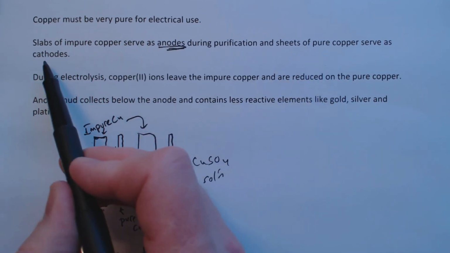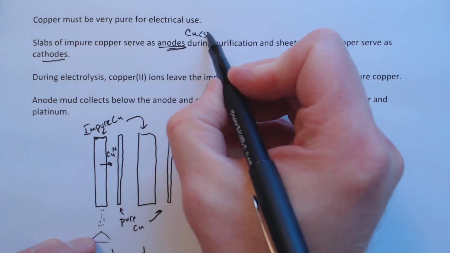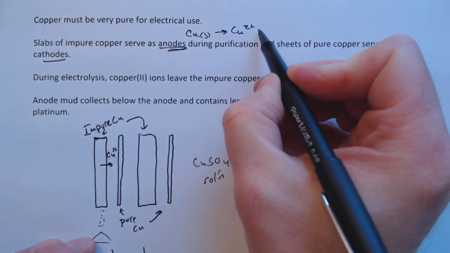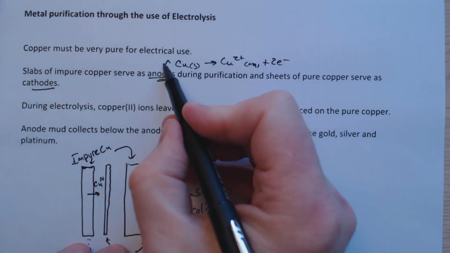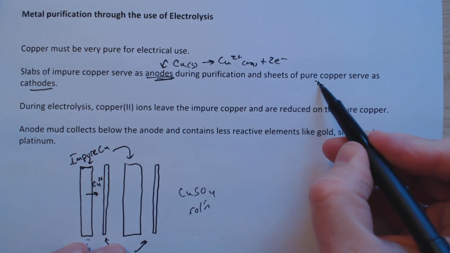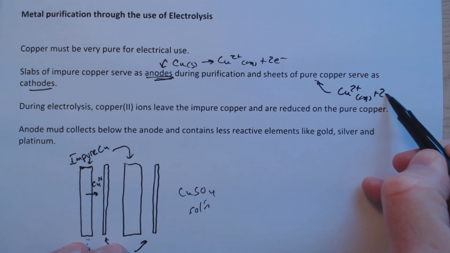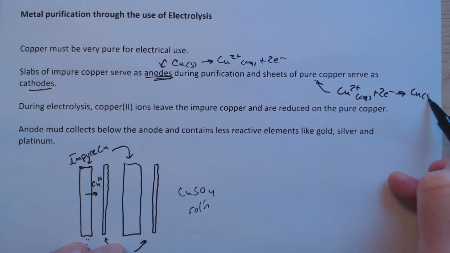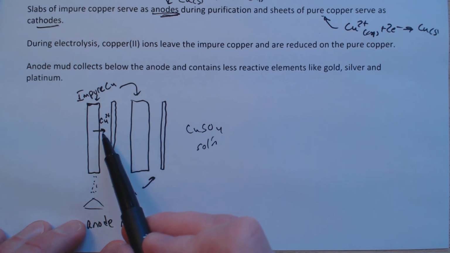And the sheets of pure copper serve as the cathodes. So at the anode, the copper metal turns into copper ion plus 2 electrons. And at the cathode, at the pure copper, the copper 2 ion reacts with electrons to produce pure copper metal. Very, very pure, because that's the only thing that's in solution now, is copper ion.